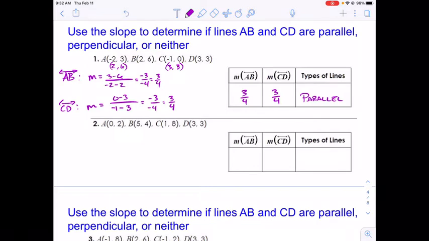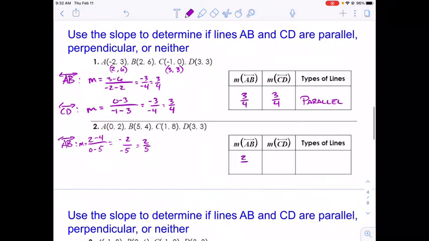All right, let's try 2. So the first line is going to be for AB. So we'll have 2 minus 4 over 0 minus 5. This gives me -2 over -5, which is +2/5.